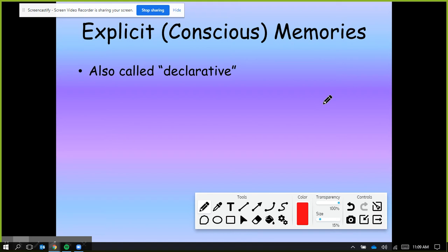These are what we think of when we think of memories. You can say, I declare that I know that John F. Kennedy was assassinated on November 22nd, 1963. They are things that we know and that we can say, or that we can explain. Explain, explicit.